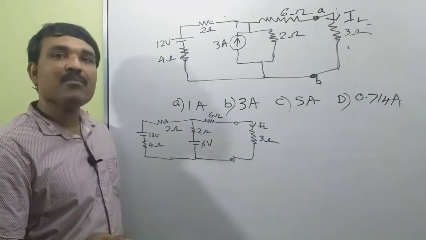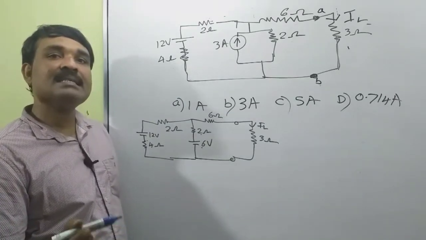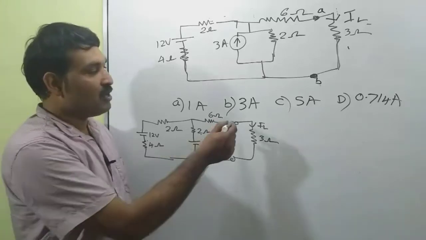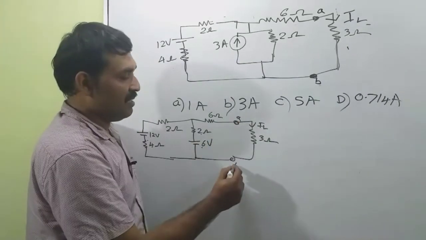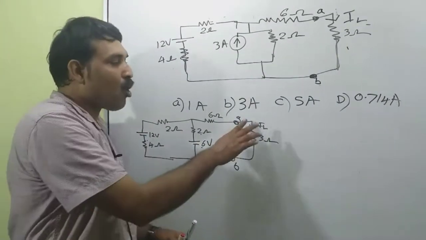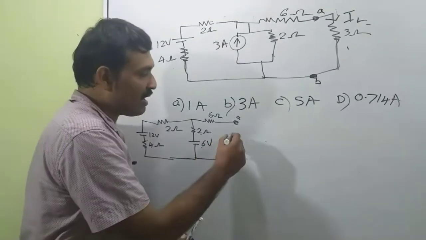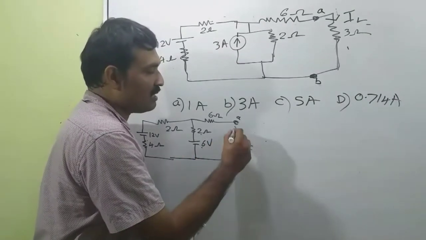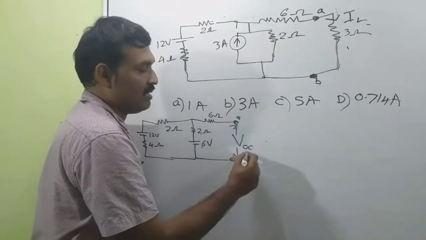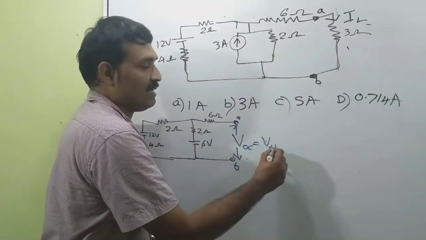Now, I am going to obtain the Thevenin's equivalent voltage with respect to this terminal AB. For that purpose, I open circuit this load. Now, I want to find the open circuit voltage across the terminal AB, that is equal to VTH.